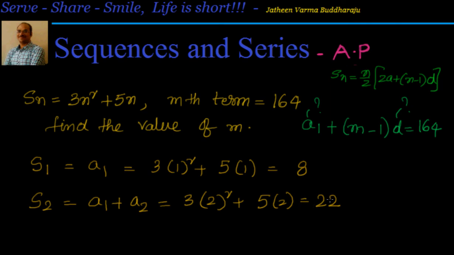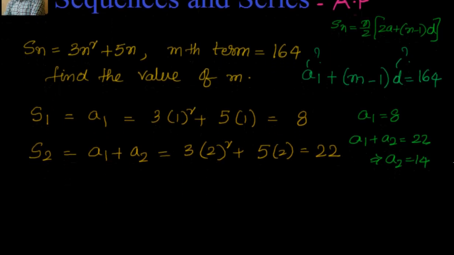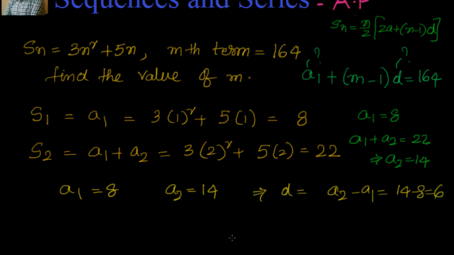Now you know a1 plus a2 is 22, a1 is 8. That gives me a2 equal to 14. So a1 equal to 8, a2 equal to 14, that gives me d equal to a2 minus a1, that's 14 minus 8 equal to 6.